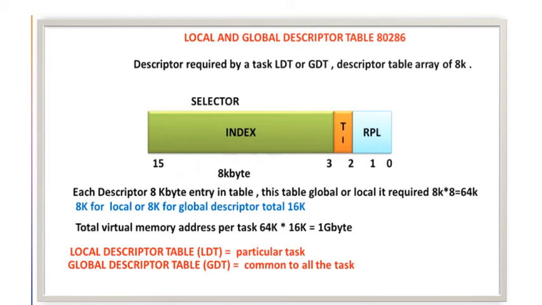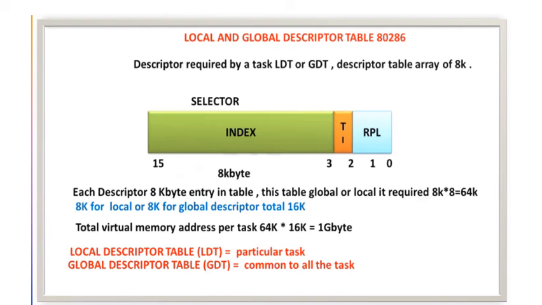Now let us discuss the local and global descriptor tables. The local and global descriptor tables contain all descriptors accessible by the task at a given time. Actually, a descriptor table is a linear array of up to 8 kilobytes of descriptors. The upper 13 bits of the selector field are an index into a descriptor table.